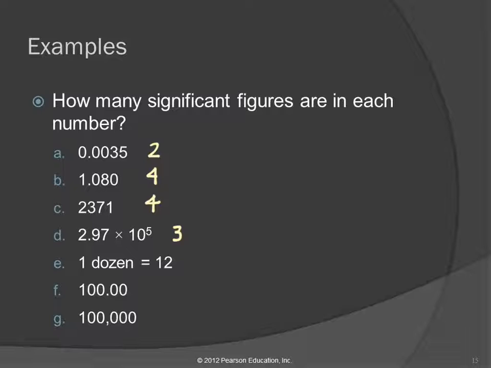Dozen is a counting number, right? This is a defined quantity. This is an exact number. So if you're pressed to say how many significant figures, it would be infinite. Because it's exactly 12.